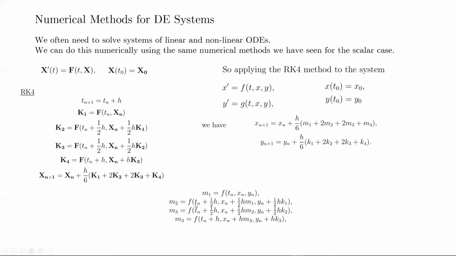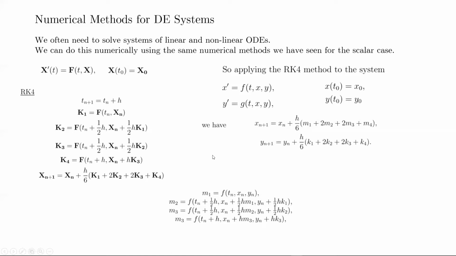This half step in the independent variable is exactly the same as in the single ODE case. But now we have two dependent variables to update. Previously we would have just had xn plus a half h times m1, where m1 is the previous predictor step. But because we have two equations, we also have to update the other dependent variable, which is yn plus a half h times k1, where k1 is associated with the right-hand side of the second ODE.